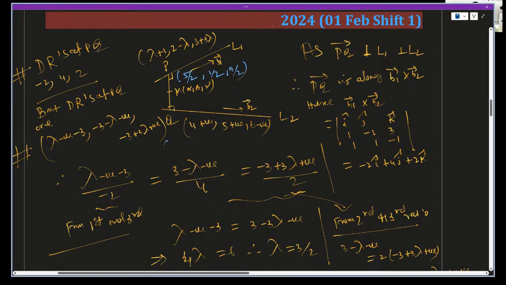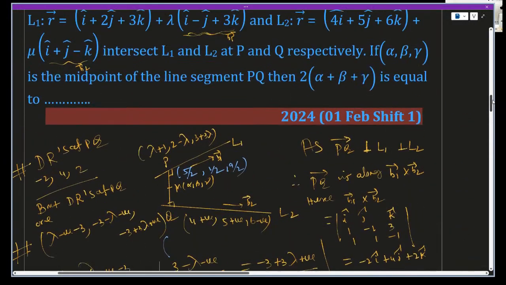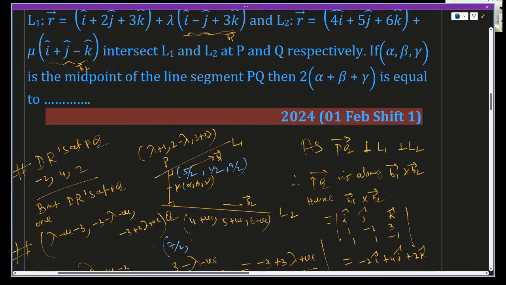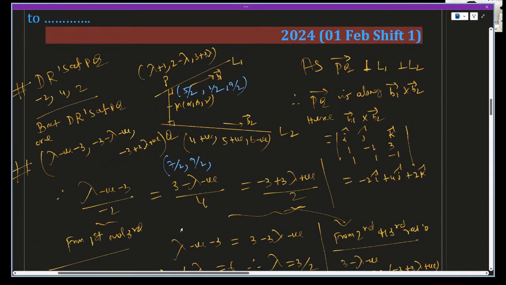And here mu is minus half, so Q is 4 minus half, 7 by 2; 5 minus half, 9 by 2; and 6 plus half, 13 by 2.